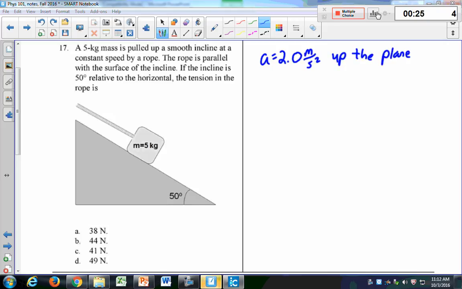We'll work that problem. So if you finish 17, then ask yourself, what must the force be if this is true, the force in the rope? But first work this problem.